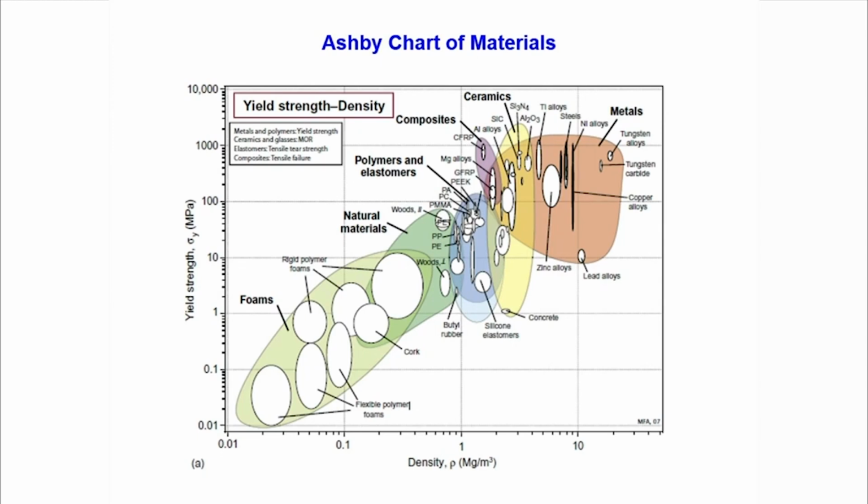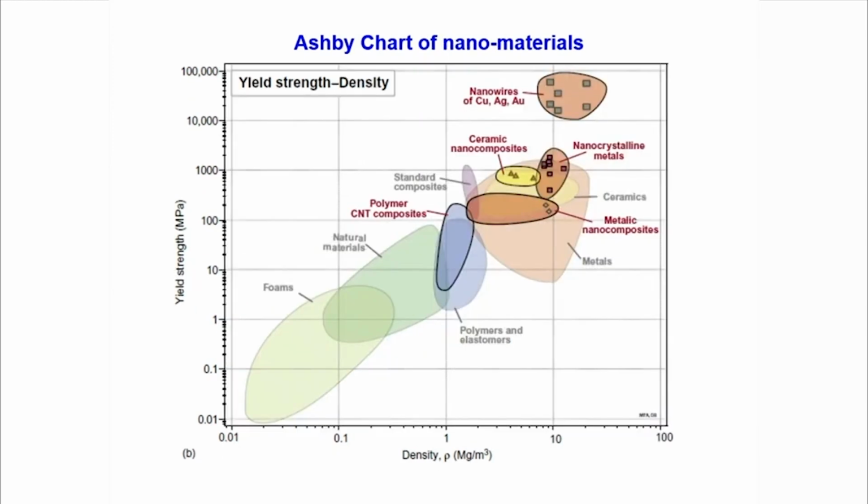And you can clearly see most of the polymers will be on the left side because they have low strength and low density, right? And then come the natural materials, then you have metals, ceramics, and also composites. Metals always have high density compared to ceramics and polymers, but metals also have high strength, correct? Now what happens to nanostructured materials?